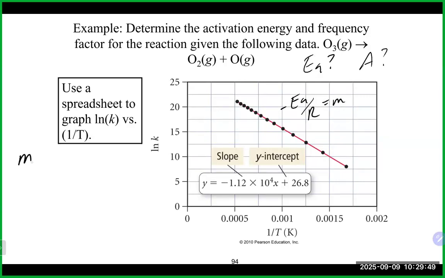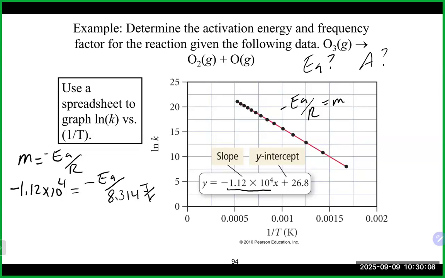So once again, our slope is going to equal minus Ea over R. Our slope from our graph here is that. Remember, we do need the negative there so that we end up with a positive value for Ea, which is what it should be. Remember, our R is the one with energy, joules per Kelvin per mole.